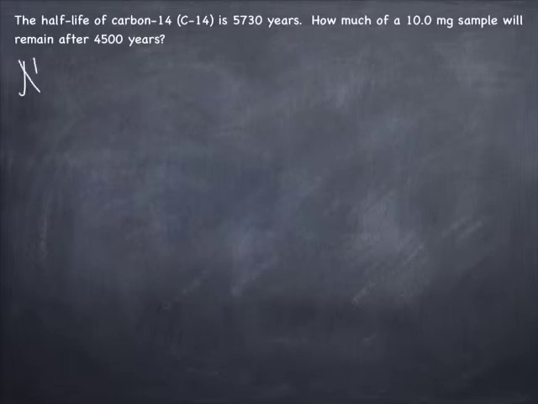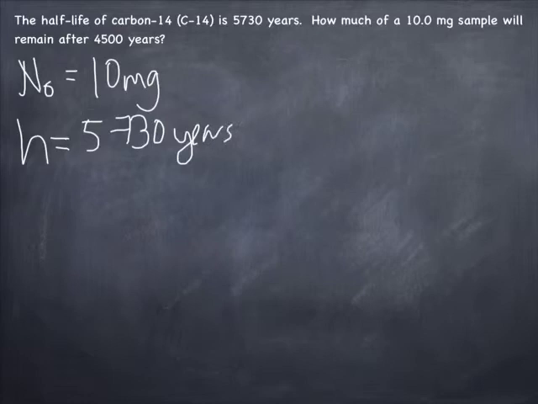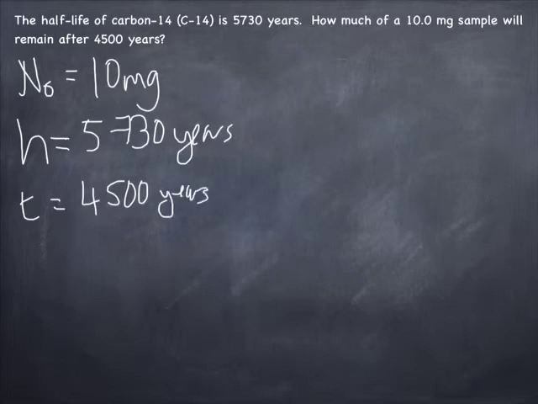N sub 0 is 10 milligrams. We start off with 10 milligrams. The half-life is 5,730 years. The time we're talking about is 4,500 years. They're in the same unit, so that's good. Let's take these and plug them into the formula.